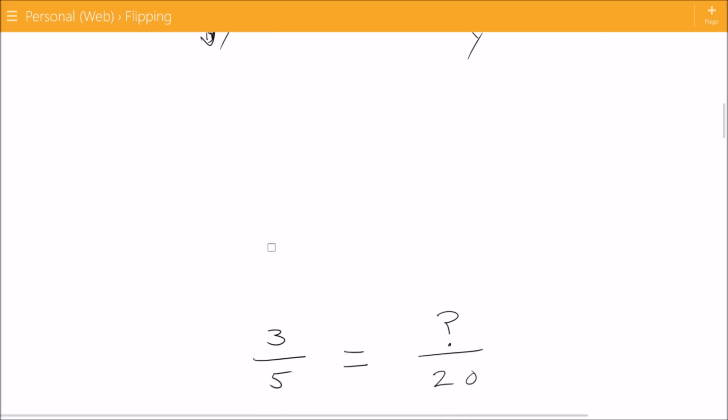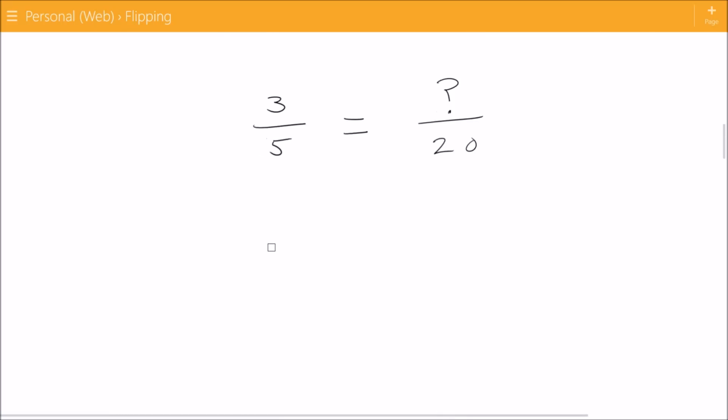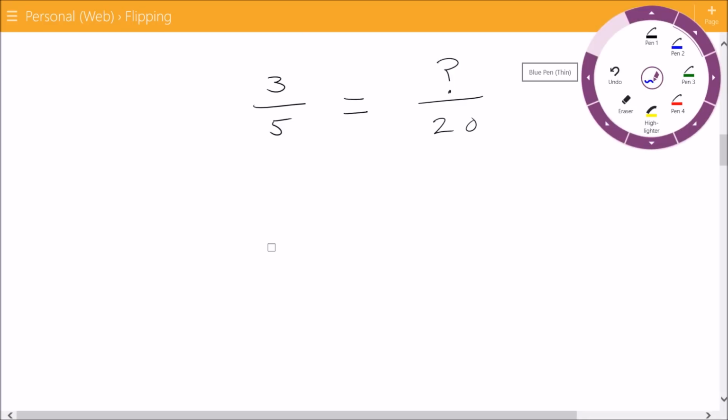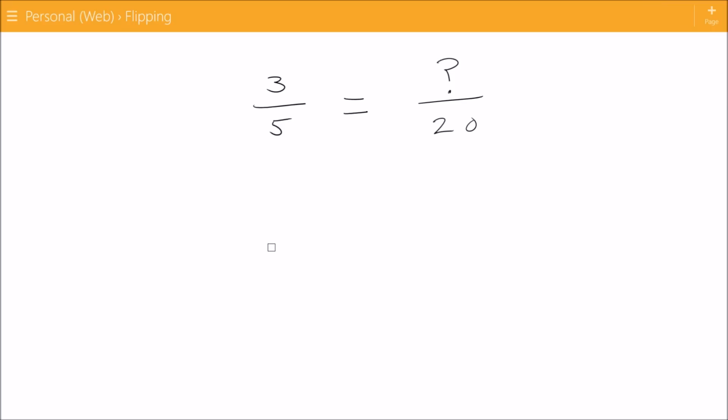Let's look into a numerical example here. So if my ratio is 3 to 5, then how many would I have if I've got 20? Notice the location here is important. But if I've got it set up like this, I can make a very clear couple of steps to solve.